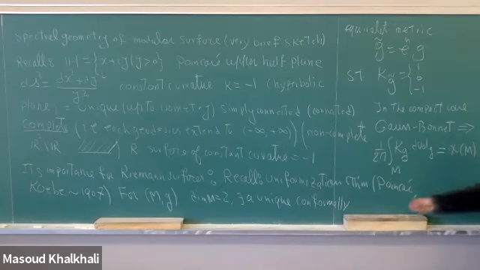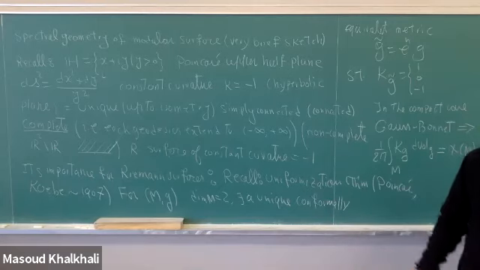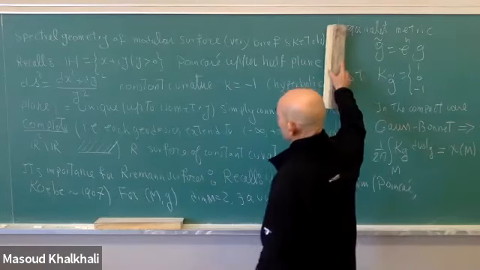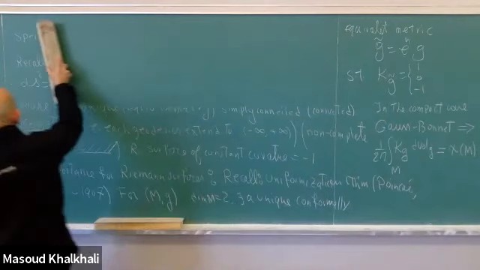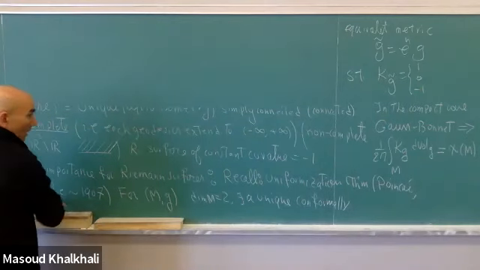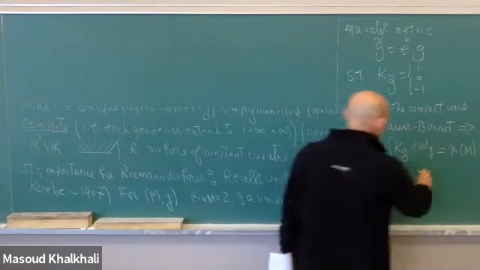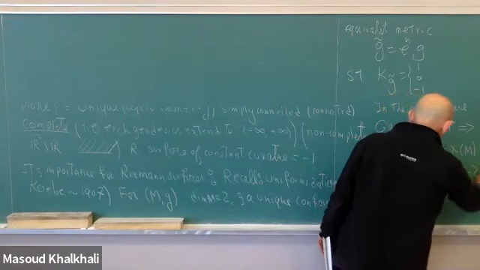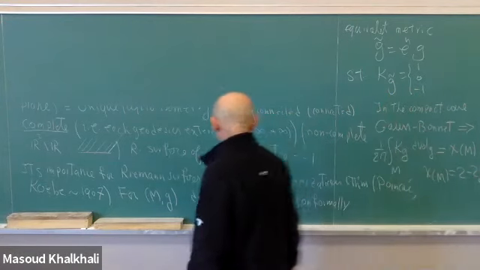So the Euler characteristic is either 2, or 0, or negative. Let me write it here: chi of M equal to 2 minus 2g.